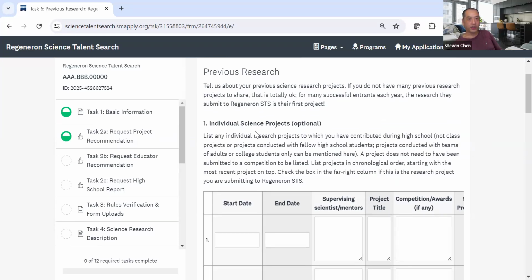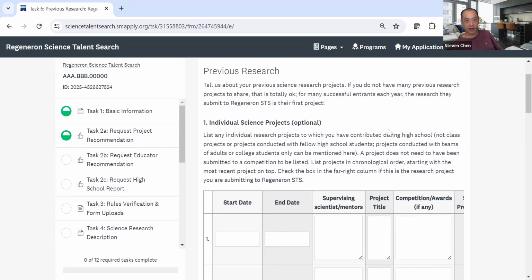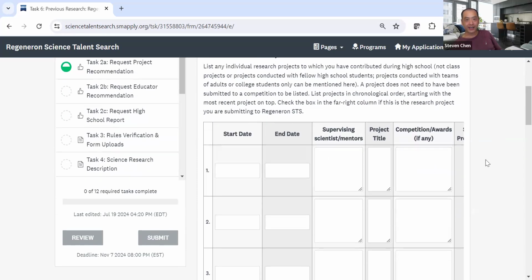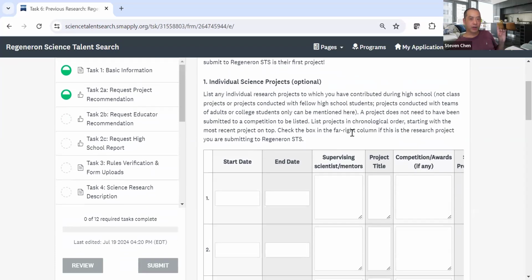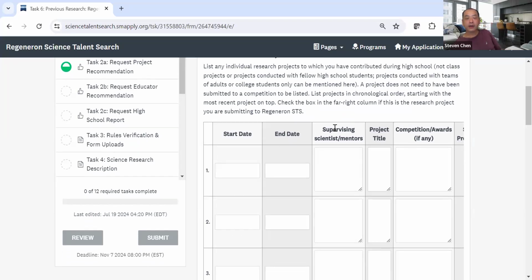The first one is the individual science projects. Those must be done individually by you. So this is about how we understand the word "individual project." Individual does not mean that you are the sole person who took care of everything. This could be something supervised by a mentor, scientist, or adult.